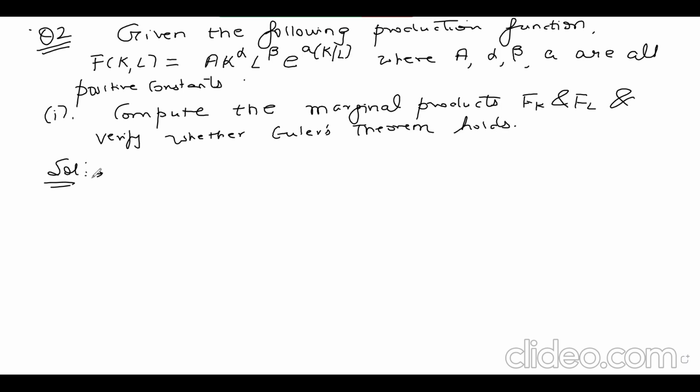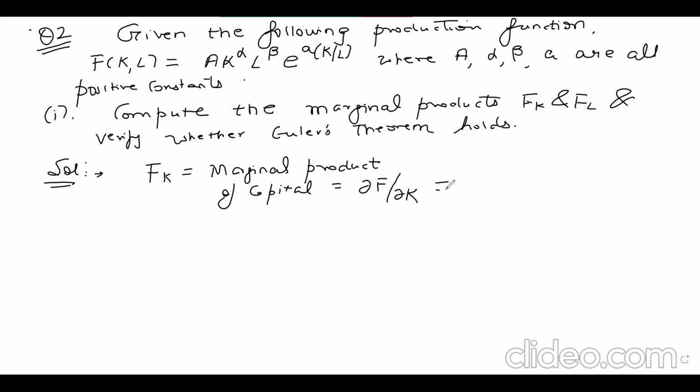How do I find the marginal product? Remember, we partially differentiate the production function with respect to the respective inputs to find the marginal product. So my Fk is nothing but the marginal product of capital, which is nothing but the partial derivative of the production function with respect to capital stock. So if I find del F by del K, treating L as a constant, it's going to be A L to the power beta.